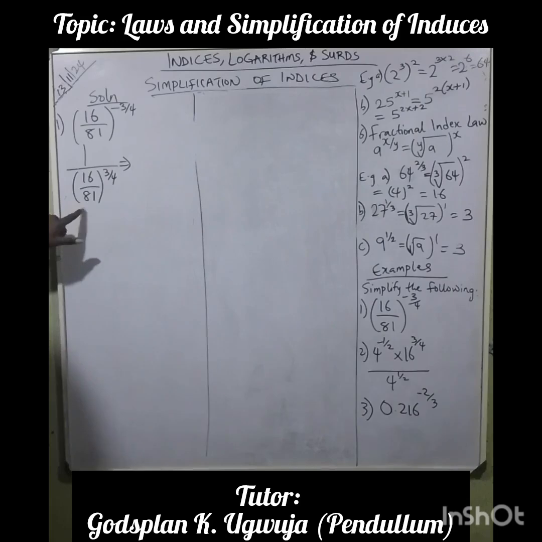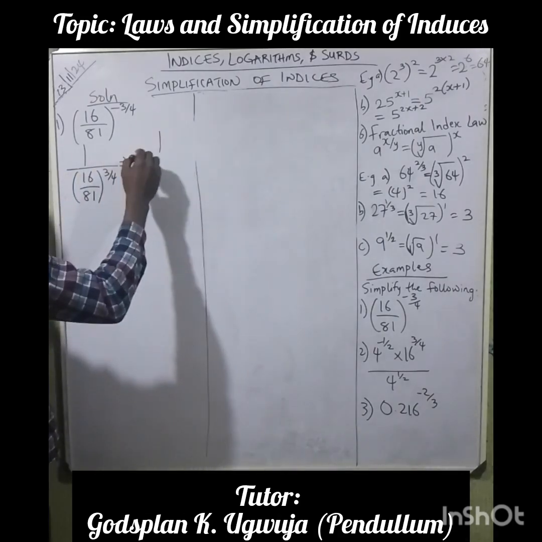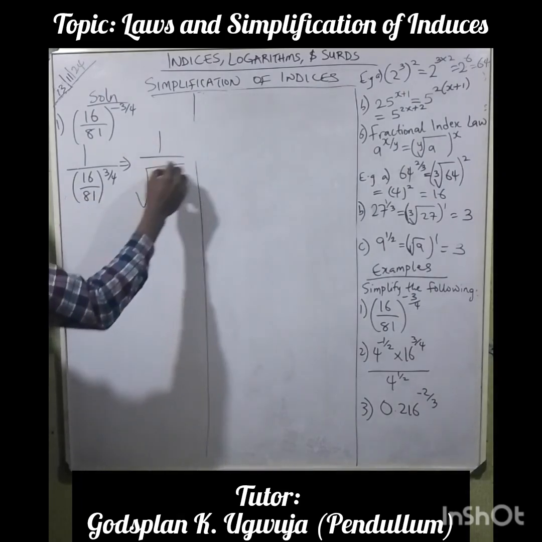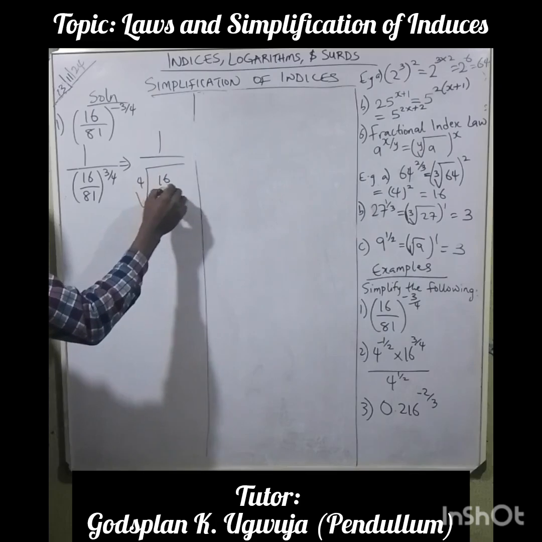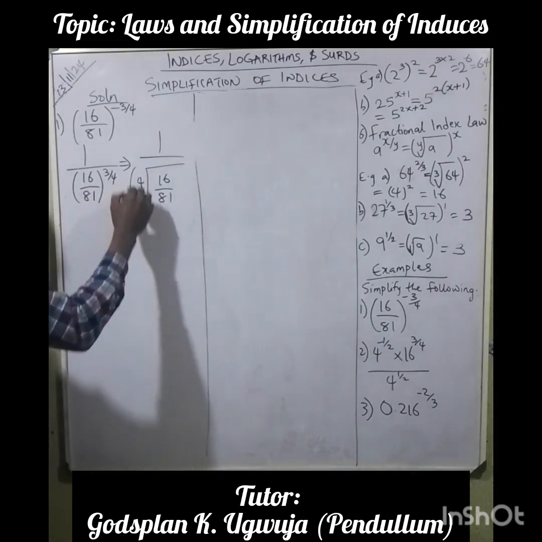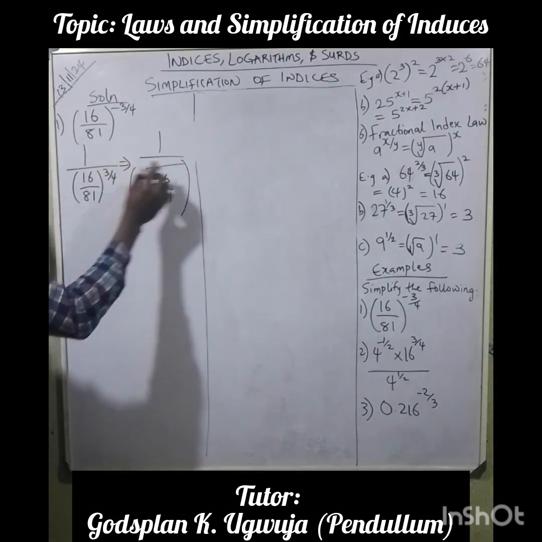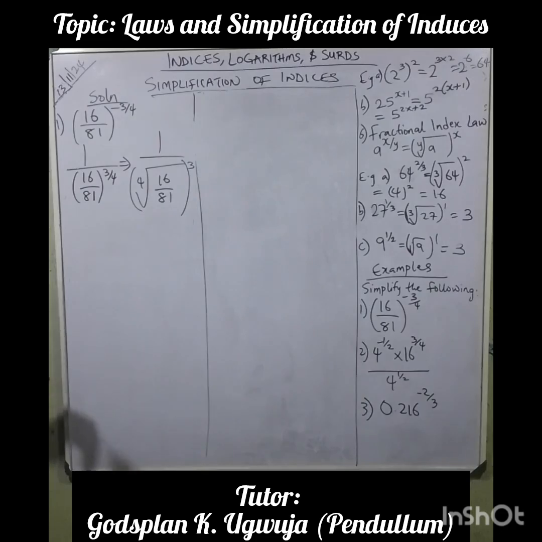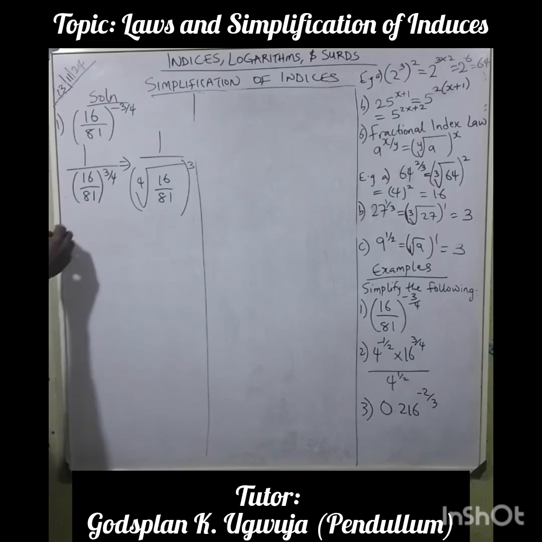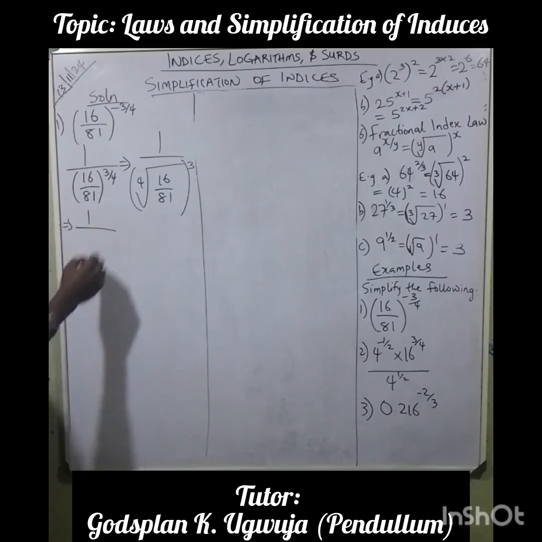We have this here. Let's keep our 1 over. It's not going to cover it. Now, fourth root of our base, fourth root of 16 over 81, then everything raised to the numerator. Alright, so the denominator root of the base raised to the numerator. Now, this will give me 1 is still here.